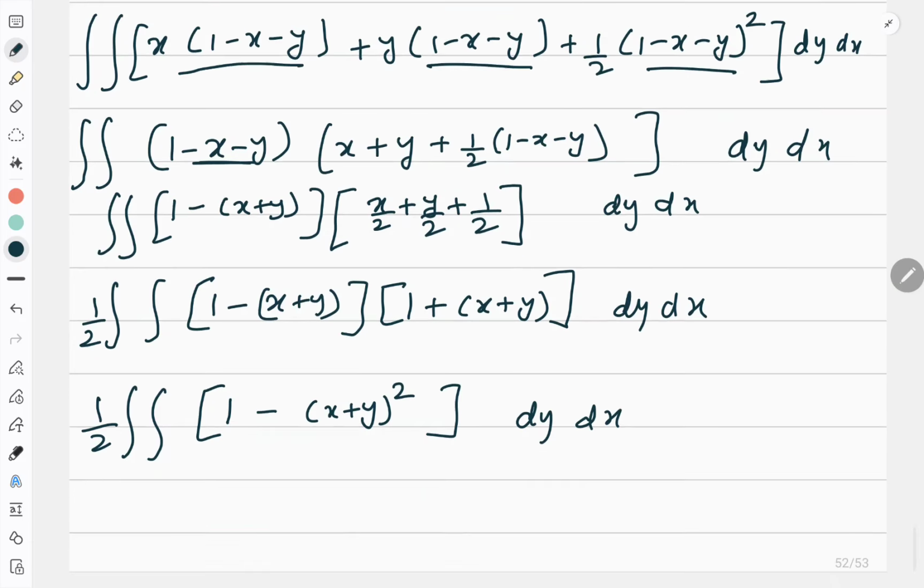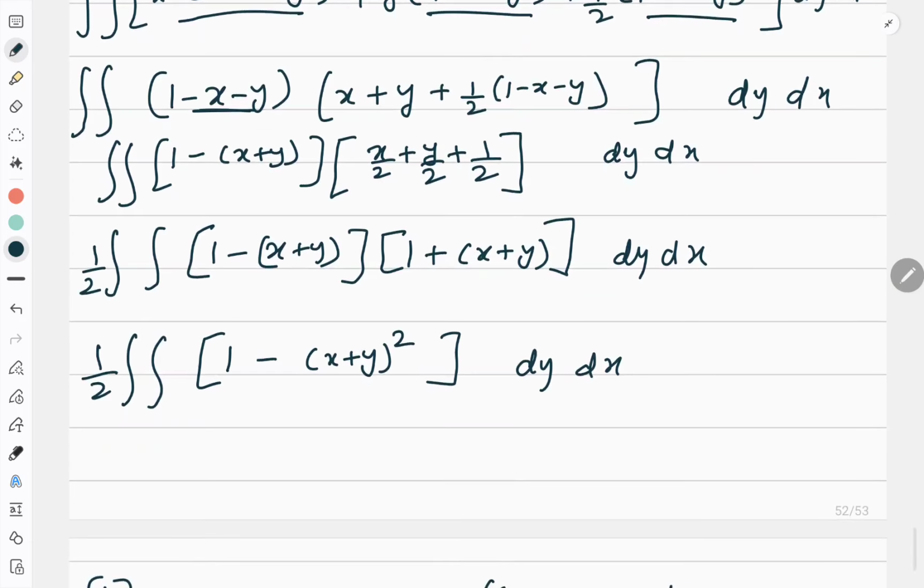Okay. So now when you integrate with respect to y, I will be needing a space. So 1 by 2, when I am integrating with respect to y, what will I be doing? y minus x plus y cube by 3.